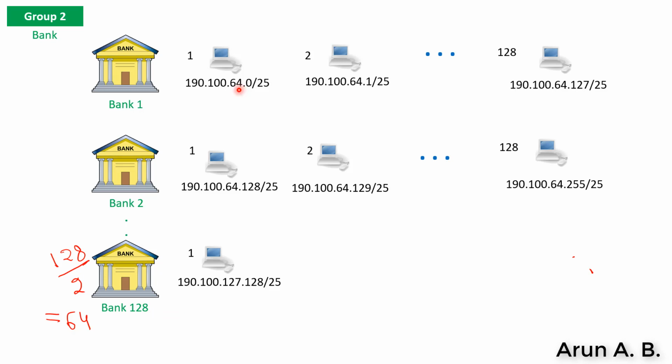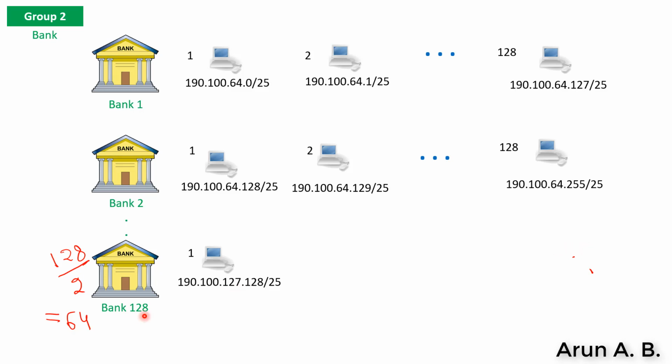Okay, so in this one, the final bank, that is bank 128, will have an IP address of 64 plus 64, that will be equal to 128, because we will be counting the value 64 also. Final value will be 127. It's as good as we start from 0 and end up to 255. The previous block, the 127th bank, started with 127.0 and ended at 127.127.